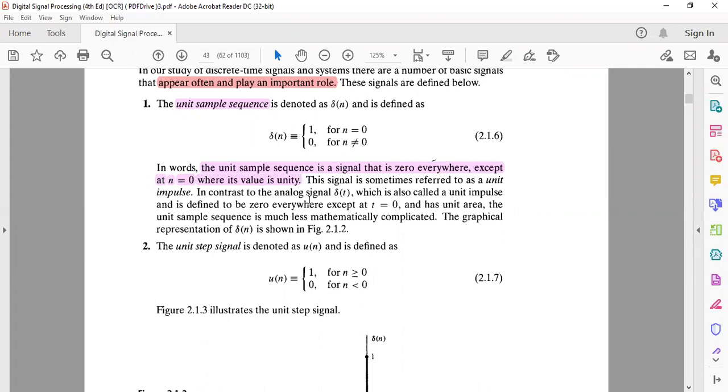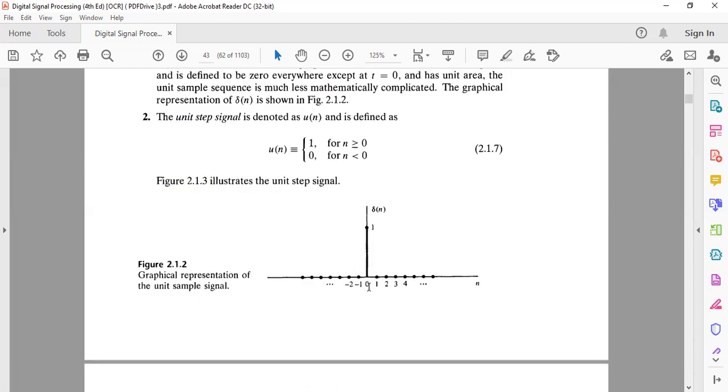In contrast to analog signal delta t, which is also called a unit impulse, and this is defined to be 0 everywhere except at t equal to 0, that's in time domain, and has a unit area. The unit sample sequence is much less mathematically complicated. A graphical representation of this is shown here. It is only 1 at n equal to 0 and 0 elsewhere.